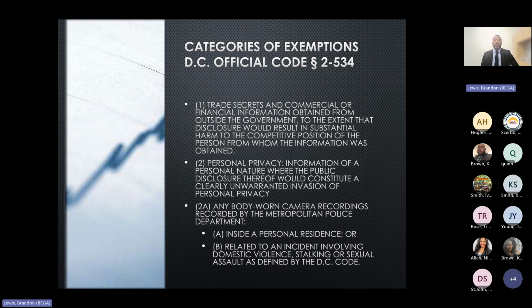Now we're going to discuss exemptions in DC FOIA, which are contained in DC Official Code Section 2-534. And I'm going to list them.